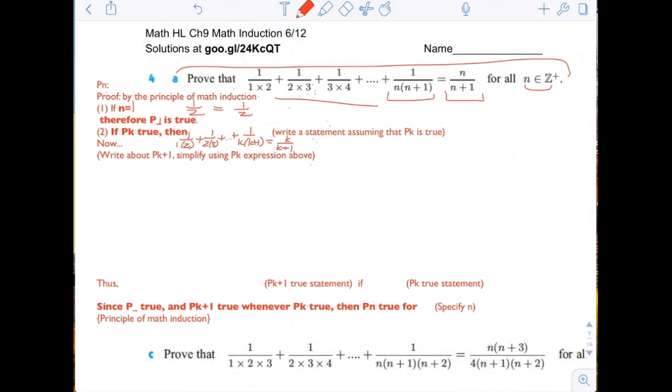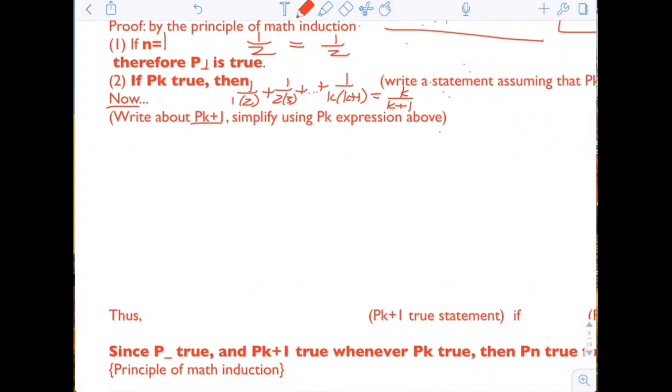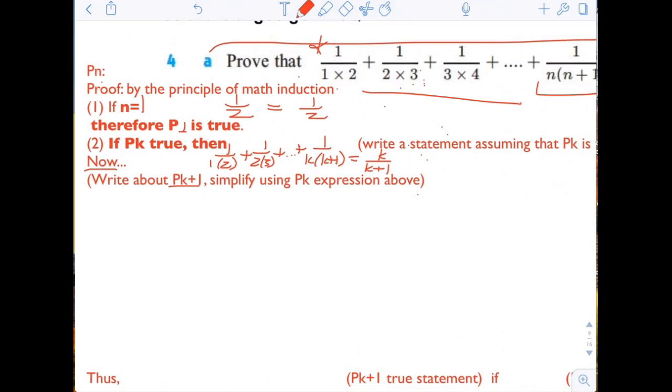Then we're going to do the k plus 1th case. So we're going to rewrite this, except now we're going to go all the way up to k plus 1. So first we're going to have 1 over 1 times 2 plus 1 over 2 times 3 plus ... And finally, we're going to have this second to last term, which is k times k plus 1.